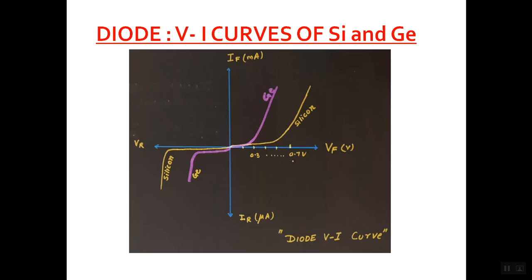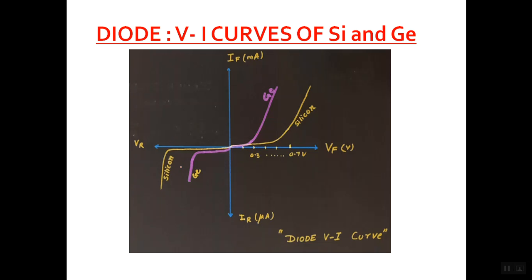Soon it reaches 0.7 volt, it will increase exponentially. And in the same way in reverse bias also, germanium gets Zener effect much earlier than silicon. Here in reverse bias also, the Zener voltage of germanium is less than silicon, at which the flow of current in this circuit is abrupt.